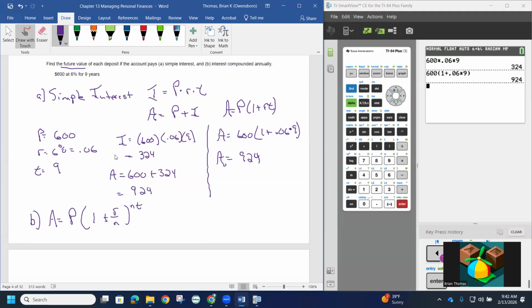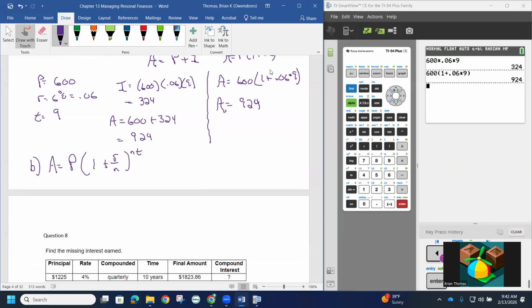But notice it says compounding annually, so we're compounding just one time a year, so N would be 1. If we substitute in this formula, we get 600 times 1 plus 0.06 over 1, raised to 1 times 9. It really doesn't look much different than our other formulas, so I'm curious to see where this math takes us.